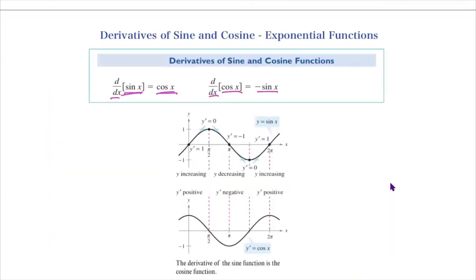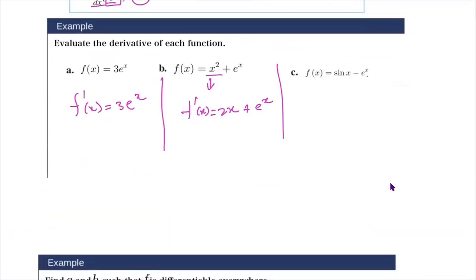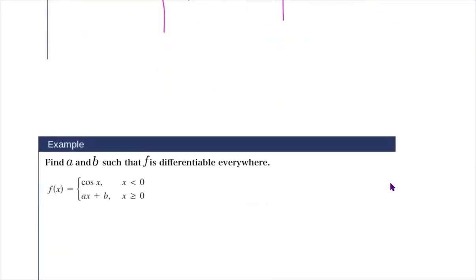Derivative of sine x is cosine x. So then f prime of x equals cosine x minus e to the x. So that's the derivative. Derivative is easy. We just need to understand the steps.